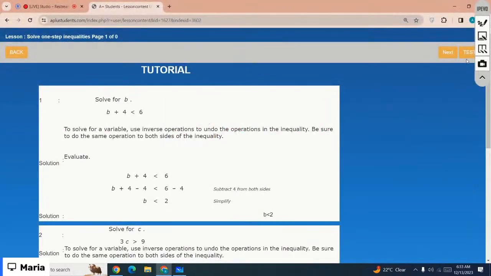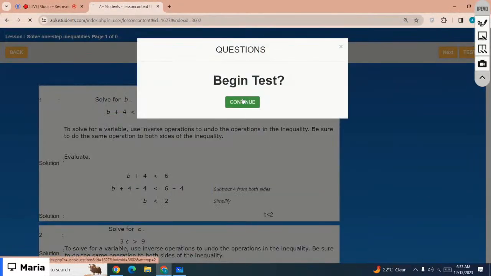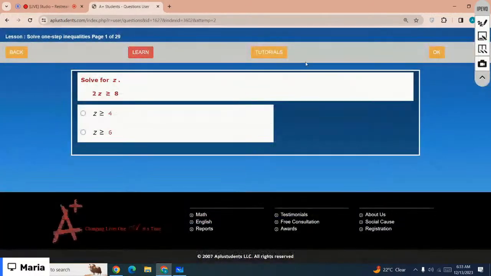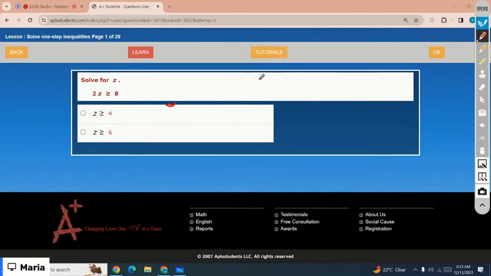Let's just start with the test question. Solve for z. 2z is greater than or equal to 8. Now you can see here you need to isolate the variable z, but here you have 2 also, and 2 is multiplying z, so opposite to multiplication is division. You need to divide both sides by 2, right?